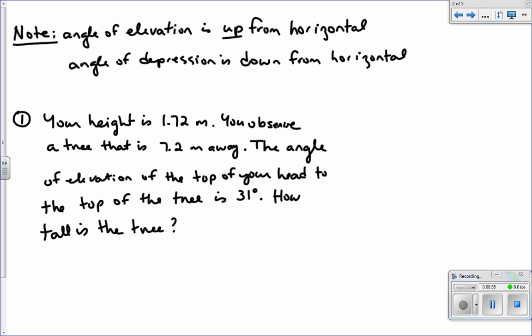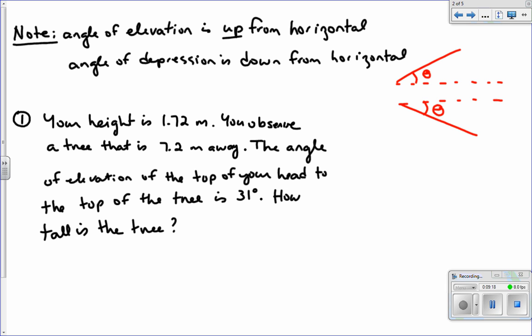So whenever you see the term angle of elevation or angle of depression, always think, where's the horizon? And then think up for angle of elevation or down for angle of depression, okay?